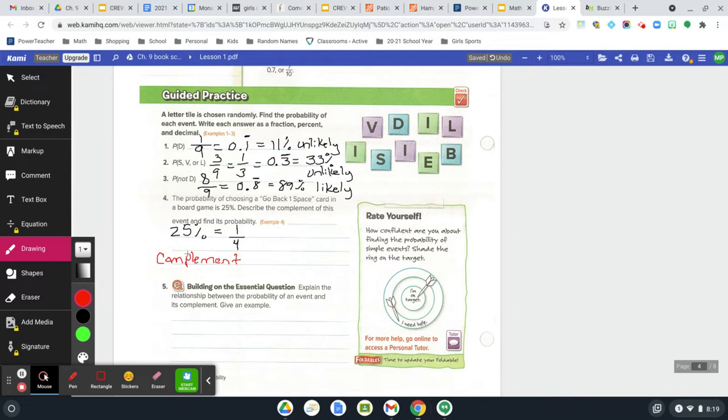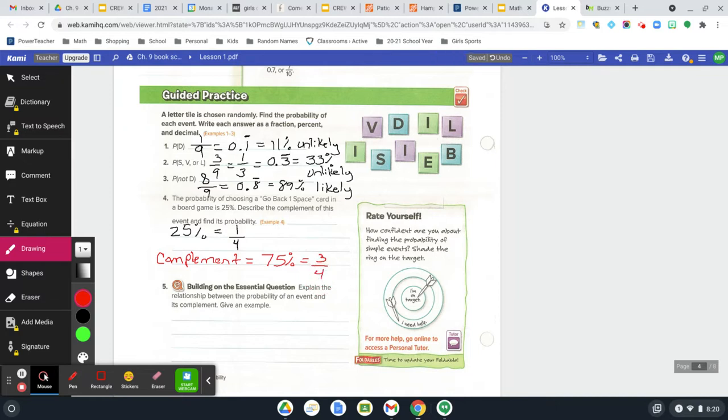So if 25% are go back one space, wouldn't the complement here be 75% of the cards are different, right? They're not the go back one space card. And that's 3 out of the 4 of the cards.